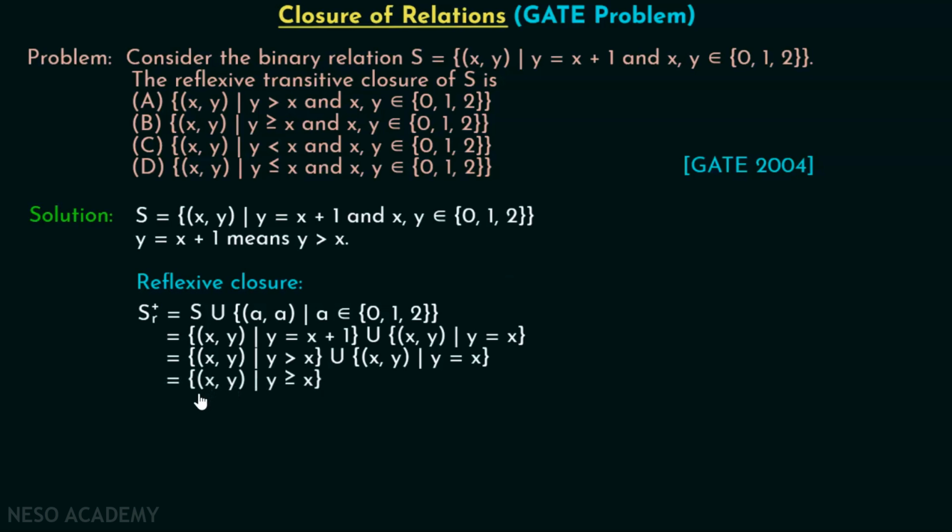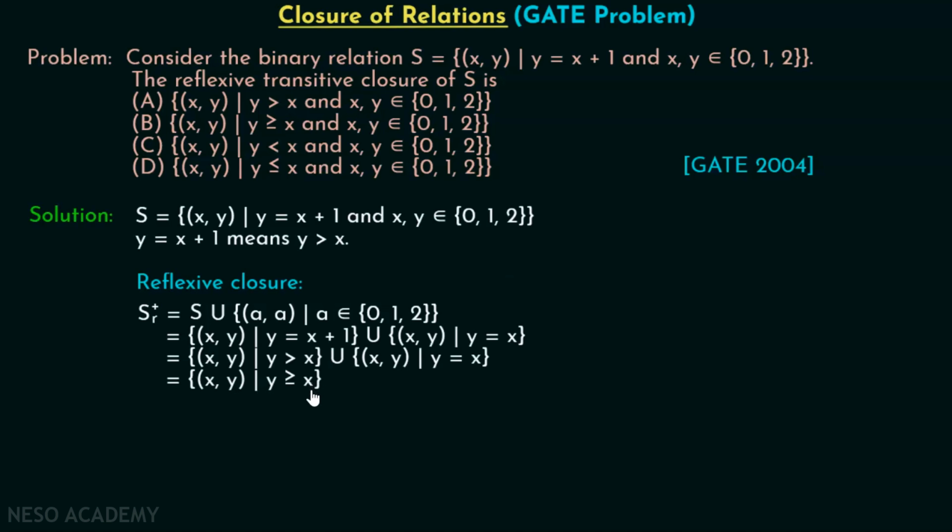It is the set of all ordered pairs (x, y) such that y is greater than or equal to x. Union of these two sets means combining them. So the reflexive closure of S is nothing but the set of all ordered pairs (x, y) such that y is greater than or equal to x.